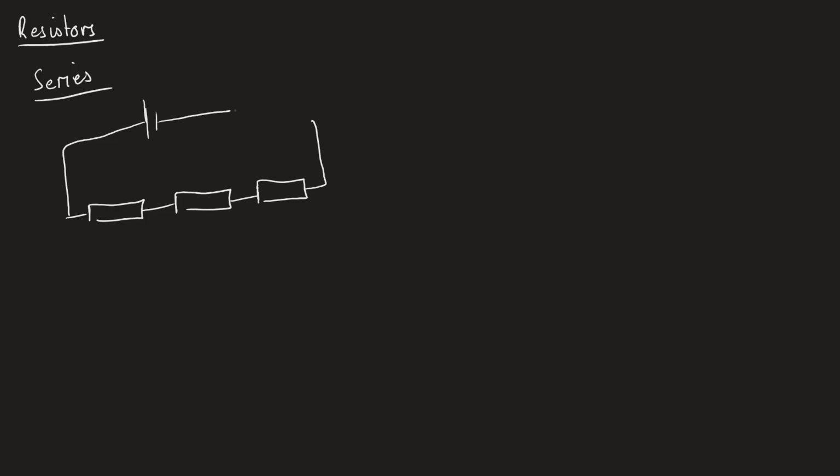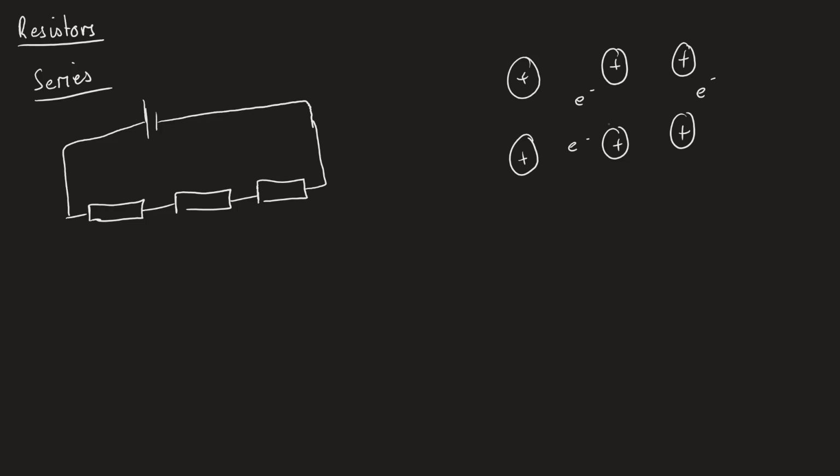In general, let's start with a series circuit because this is going to be much easier. If we have a series circuit and then we put some resistors in, the whole idea of these resistors is that what's happening inside the resistor is essentially just a metal lattice. It has a regular arrangement of metal ions surrounded by a sea of delocalized electrons.